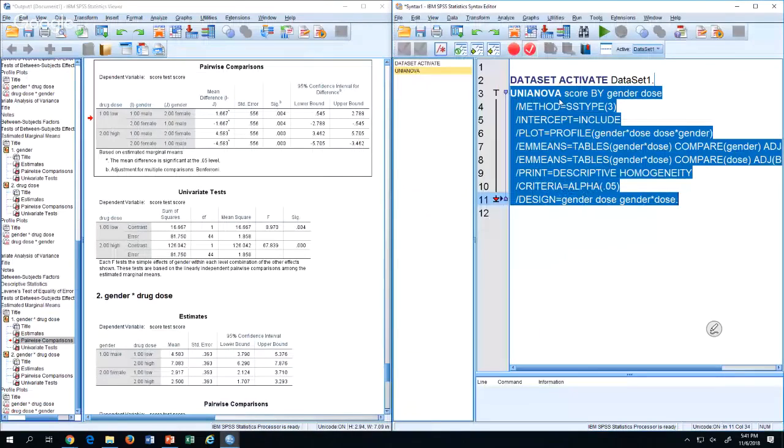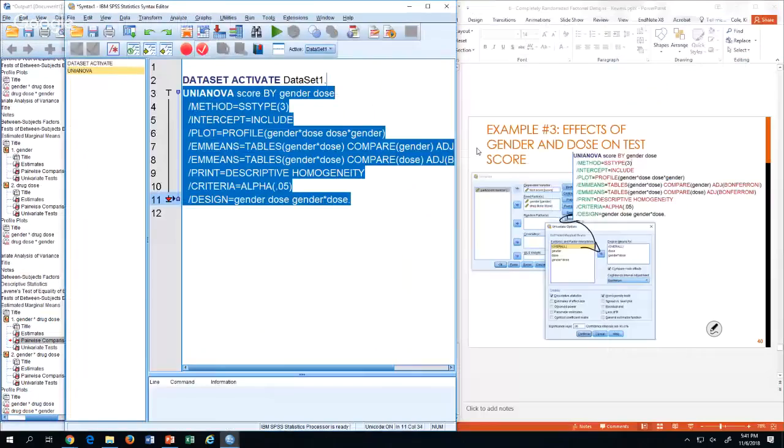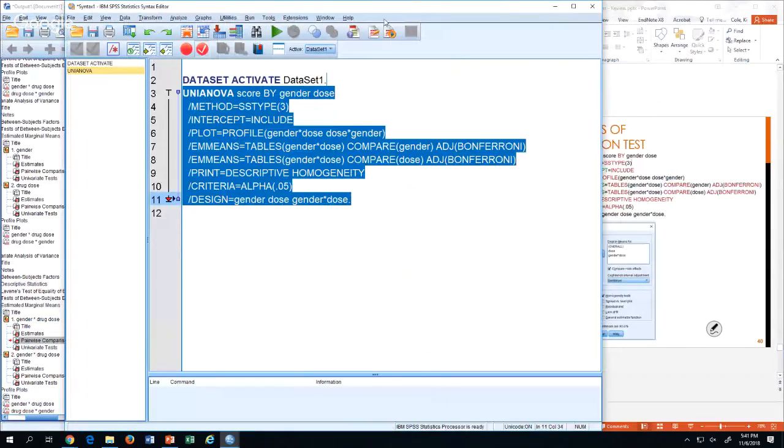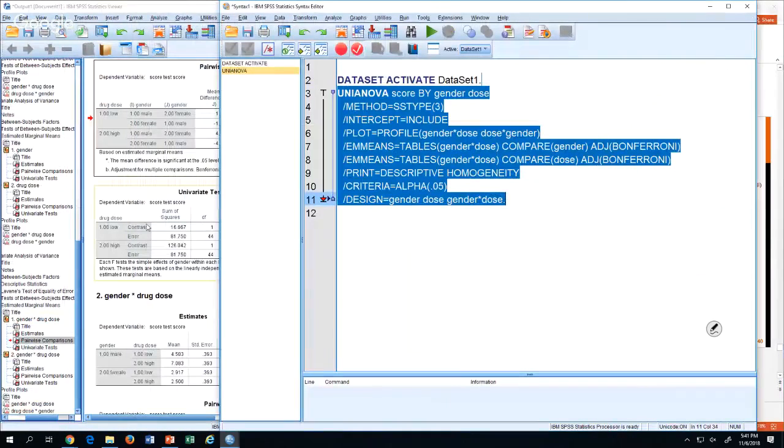Yeah, this one? Okay. So you should get some output that at the very bottom you have these univariate test tables that say simple main effects under them.